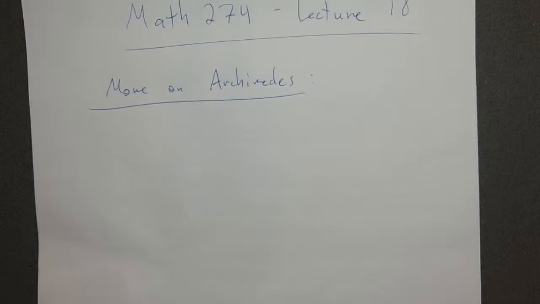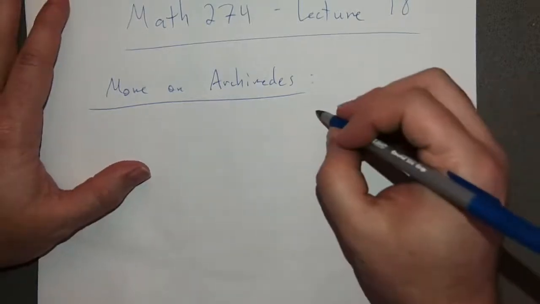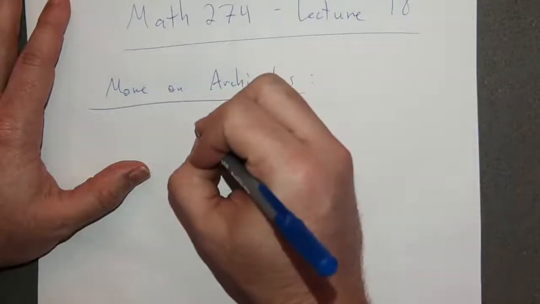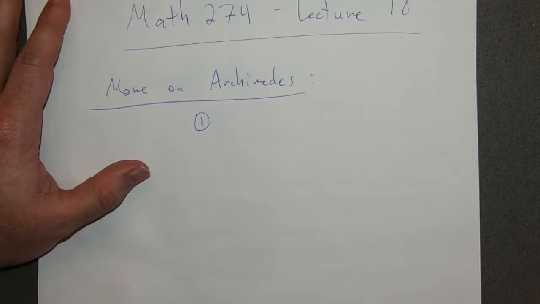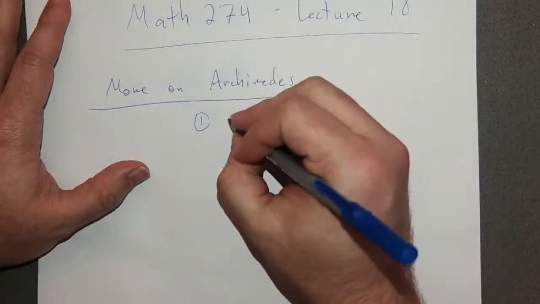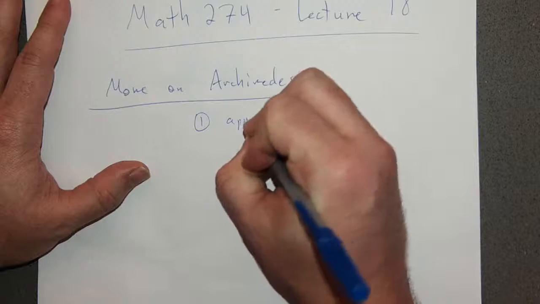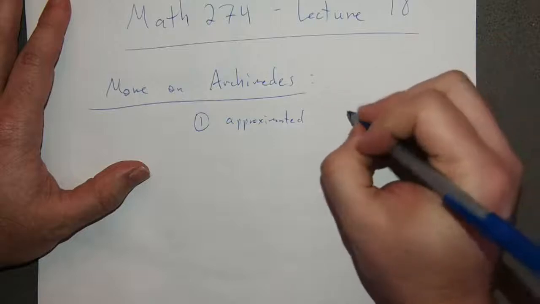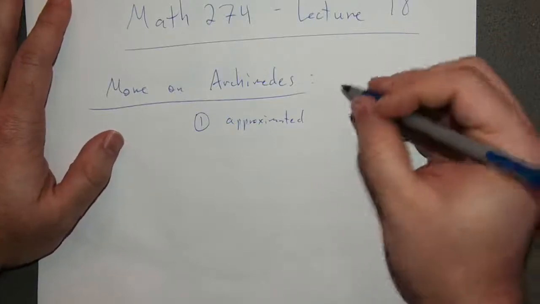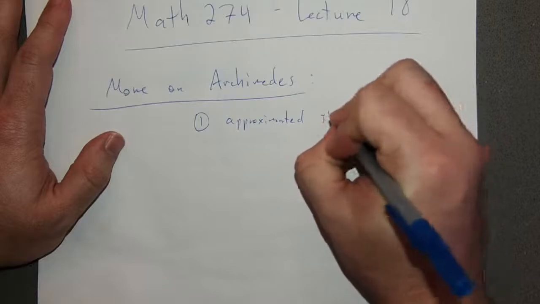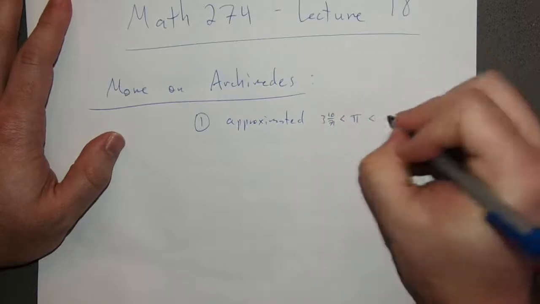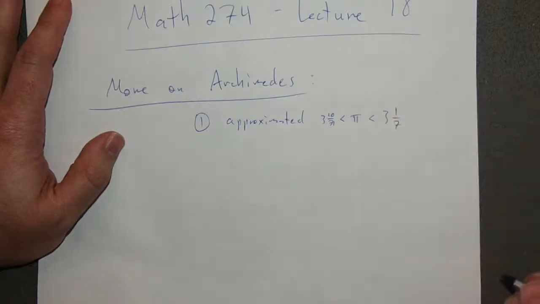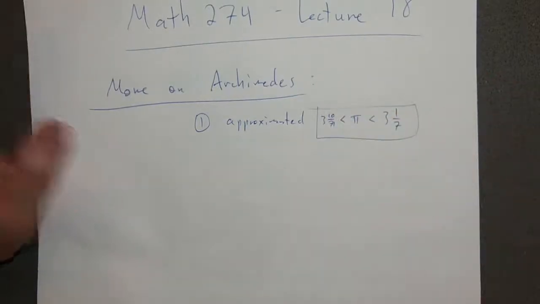One was that by inscribing a regular 96-gon in a circle, he obtained this result. Just a quick refresher: he had attained this approximation for pi, that pi is greater than 3 and 10/71sts, but less than 3 and 1/7. So he obtained this approximation for pi.